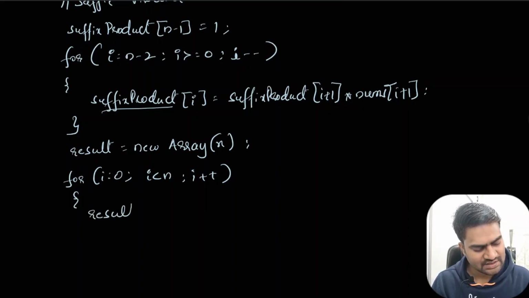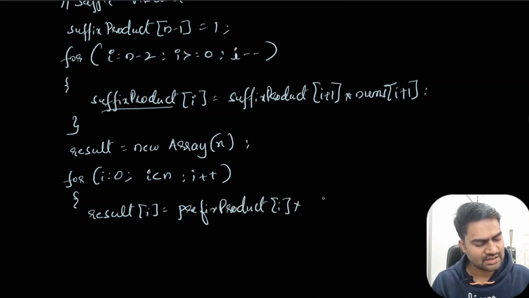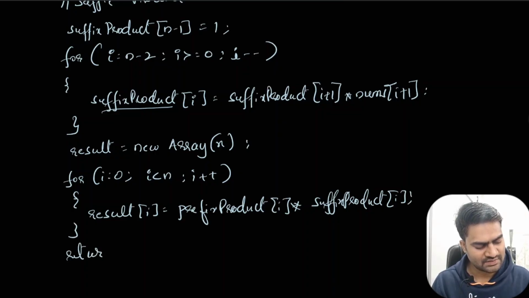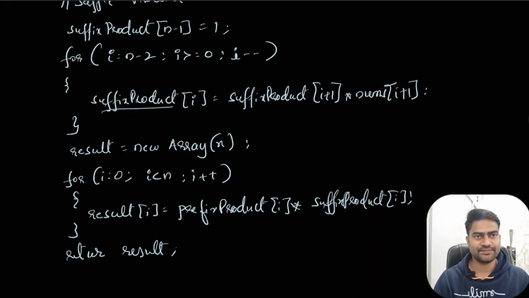So result of i equal to prefix product of i into suffix product of i, and finally I will return my result.